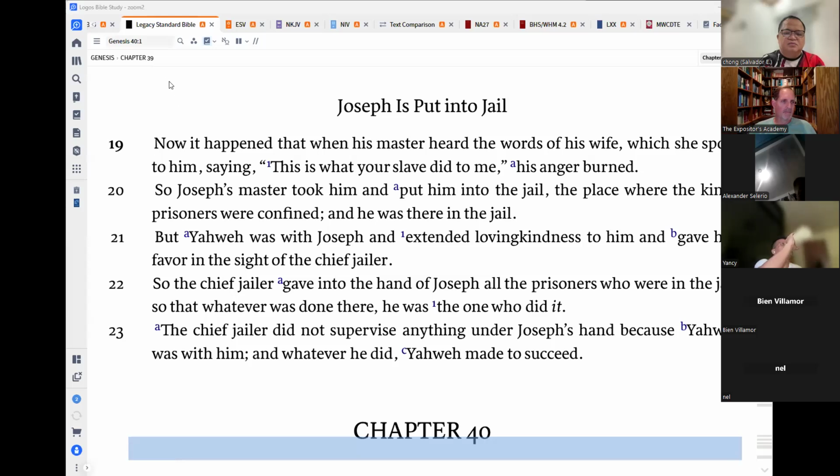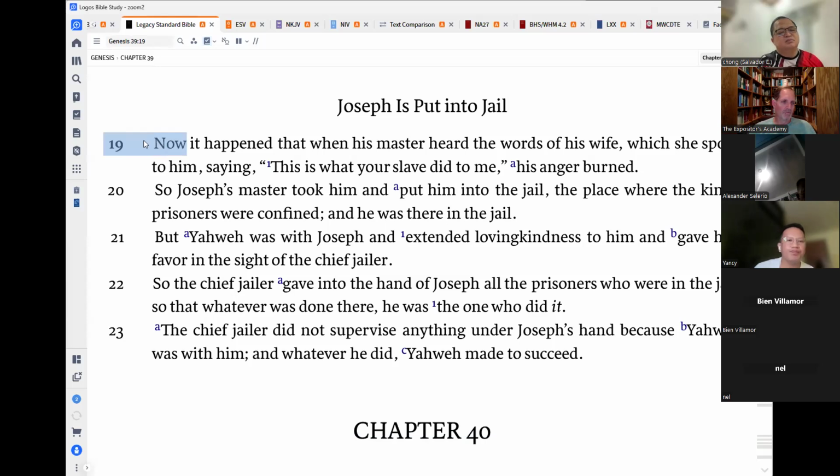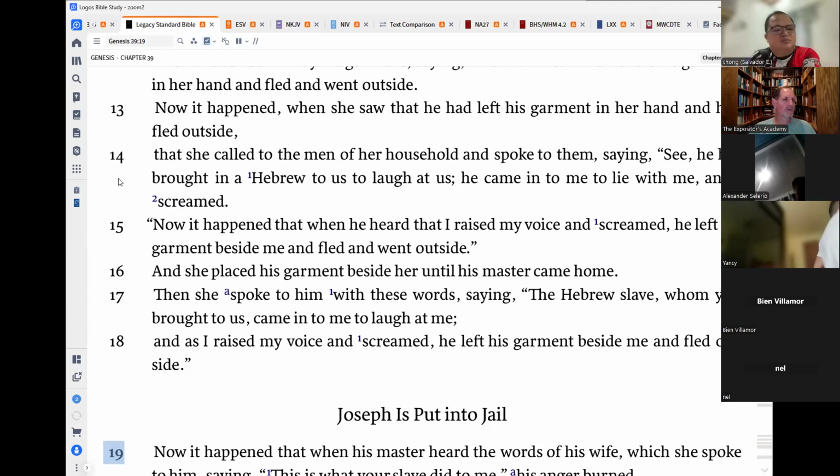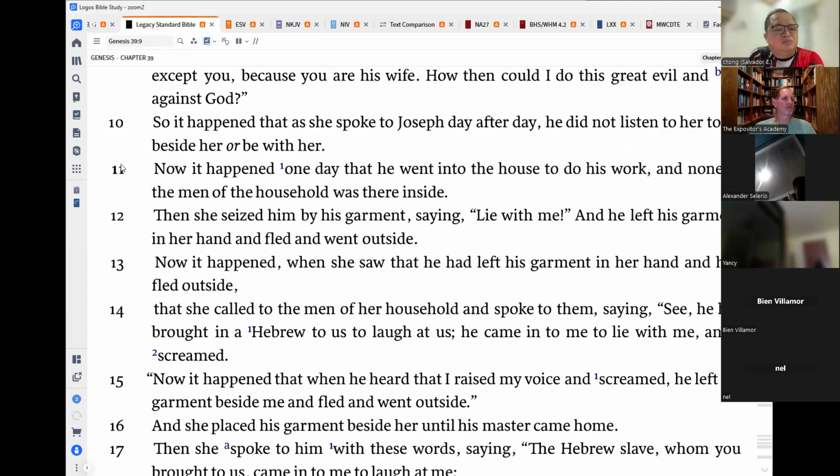Yeah, if we look, they indicate, like the Legacy Bible indicates each paragraph of the story by a bold font. You can see it there. Verse 19 is in bold. Verse 11 is in bold. Verse 7. I don't know why they do this.